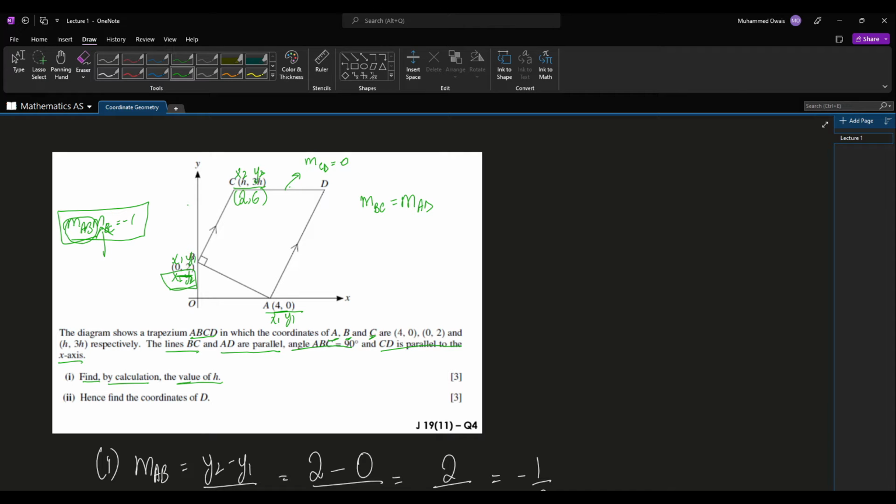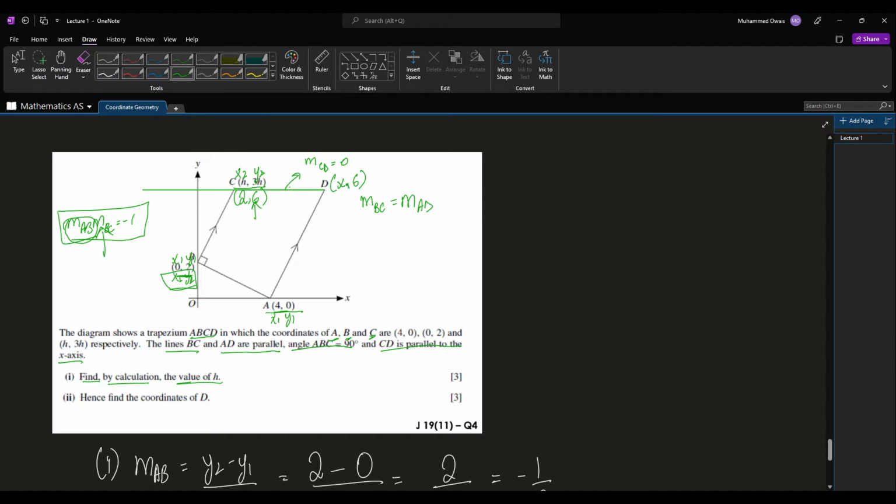Now then, it wants us to find the coordinates of D. Now there is one thing to note: this whole line has a y coordinate of what? 6, because it is a straight line, it is not moving down. So any point on this line will always have a coordinate of 6. So we can infer that the y coordinate of D is 6.